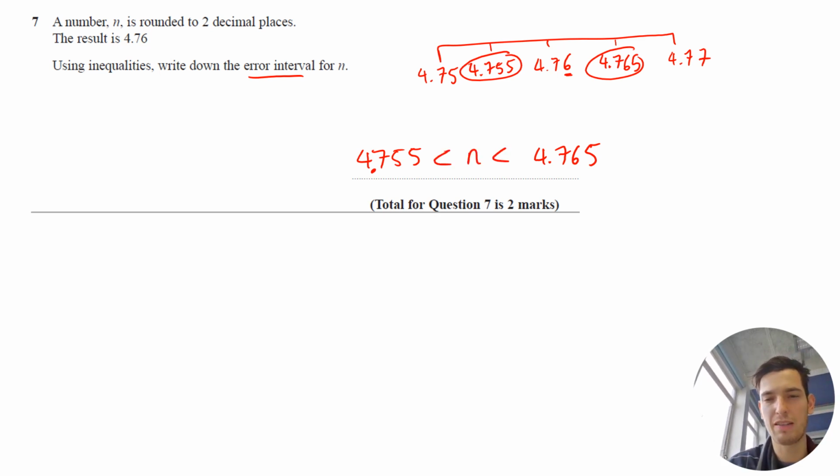I know one of them has the equal sign, and I actually think it is the first one, because if it was exactly 4.755, it would round up to 4.76, which is what I want. And it's not on the second one, because the higher number, 4.765, that would round up to 4.77. So I don't want that. So that is what my answer looks like. Let's move on.